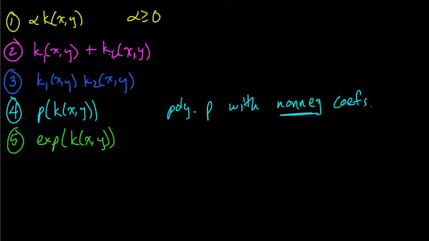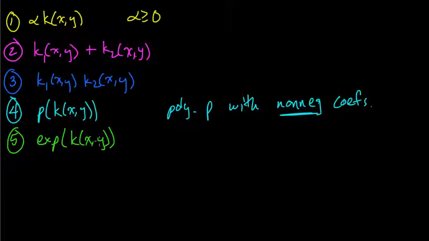And so maybe I'll make a remark here about how to prove 4. 4 you just would use 1, 2, and 3, right? Because you could construct any such polynomial with non-negative coefficients by some combination of these operations.